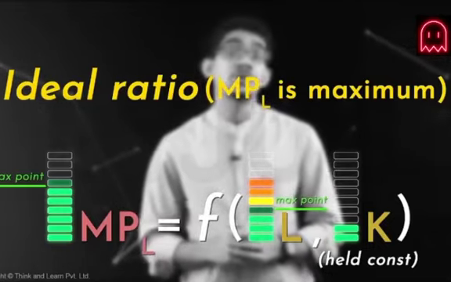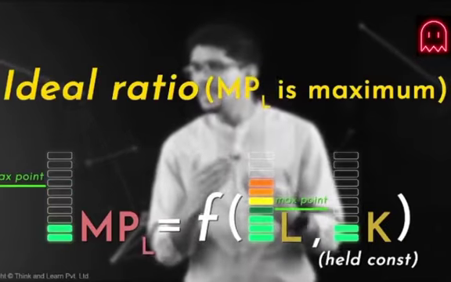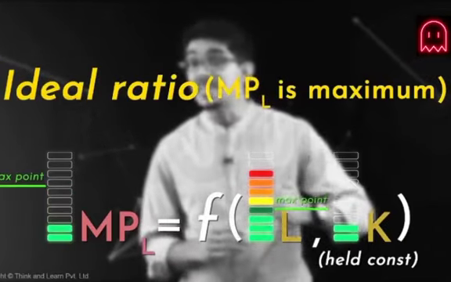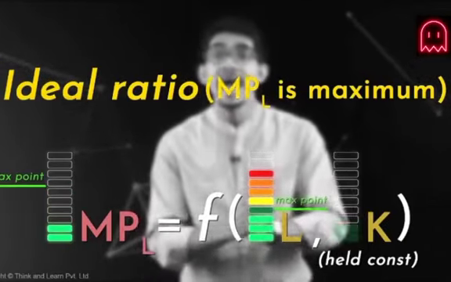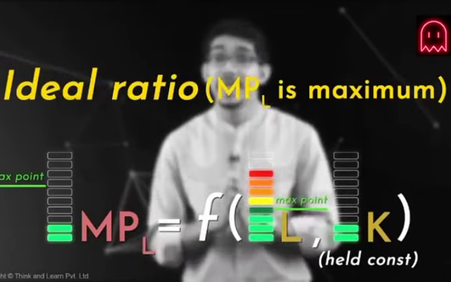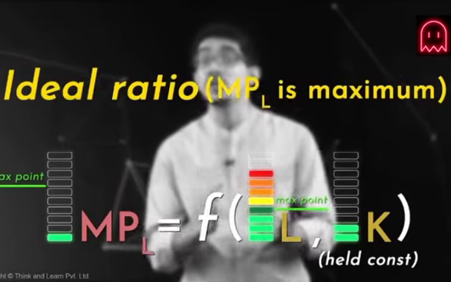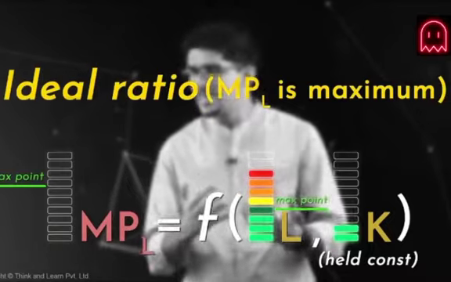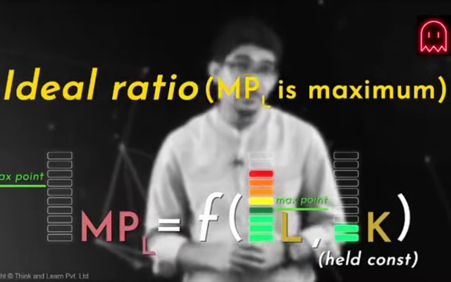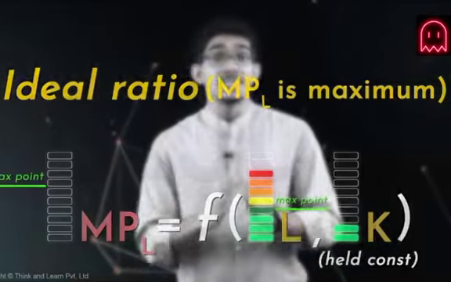Accordingly, MPL would start declining. We may ultimately even reach a point when another additional unit of labor on the same land adds nothing to total output, implying that MPL becomes zero at that point. In exceptional situations, MP may even become negative, as we discussed earlier. This is the essence of the law of variable proportions, which basically means that as the factor changes, the return to factor is variable.